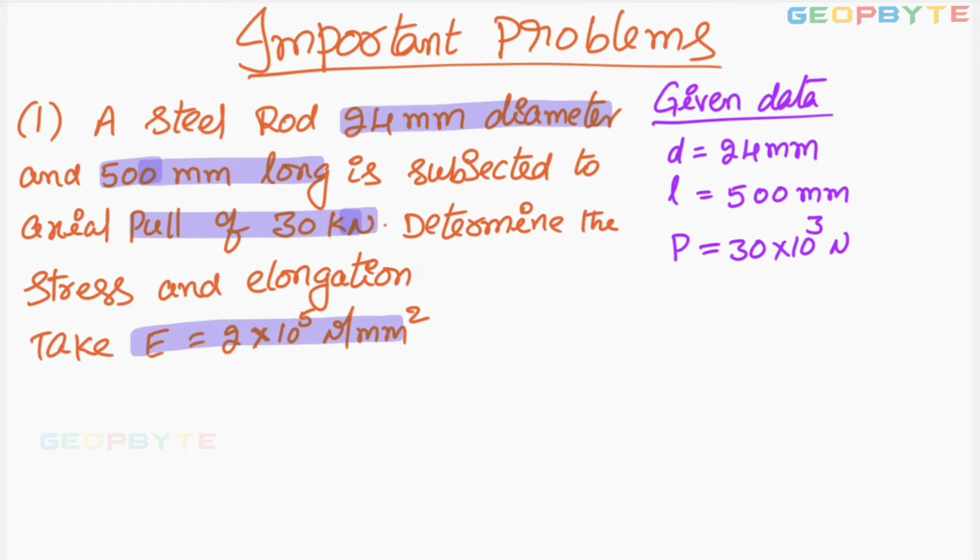Determine the stress and elongation. Take Young's modulus equal to 2 into 10 power 5 Newton per mm square. So first, before going to find the stress and elongation, let me decide the area. Solution.